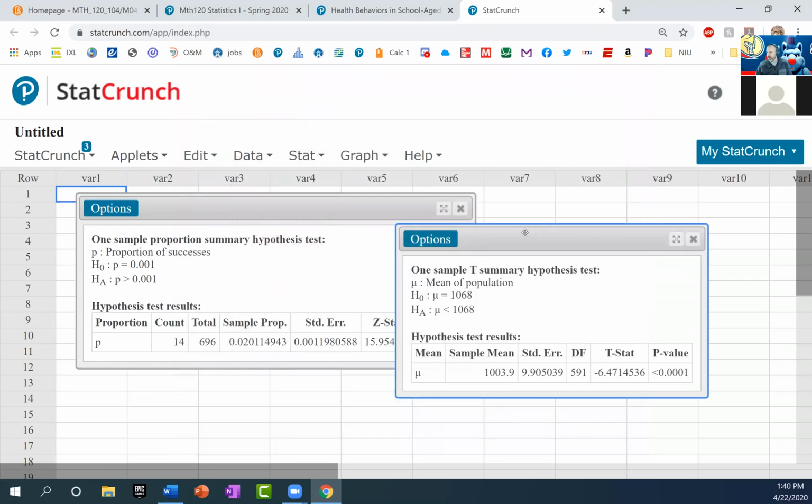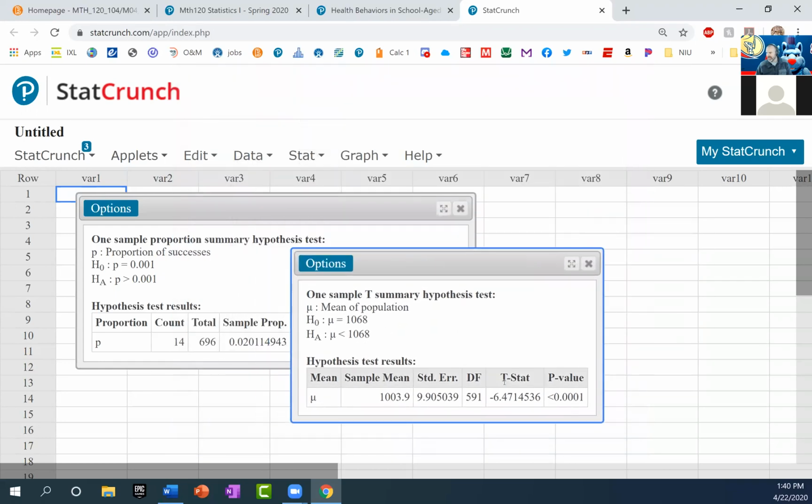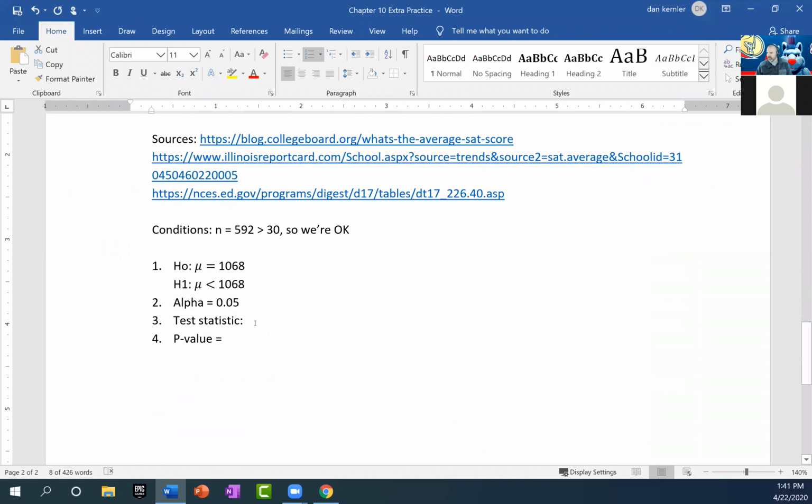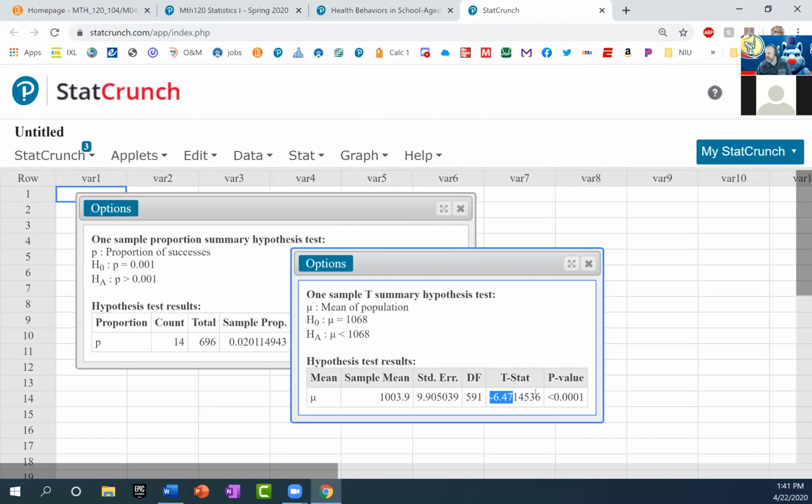Hit compute. And we have a t statistic, and it's about -6.47. So test statistic t is equal to -6.47. And the p-value is very small, 0.00, less than 1/10,000th.